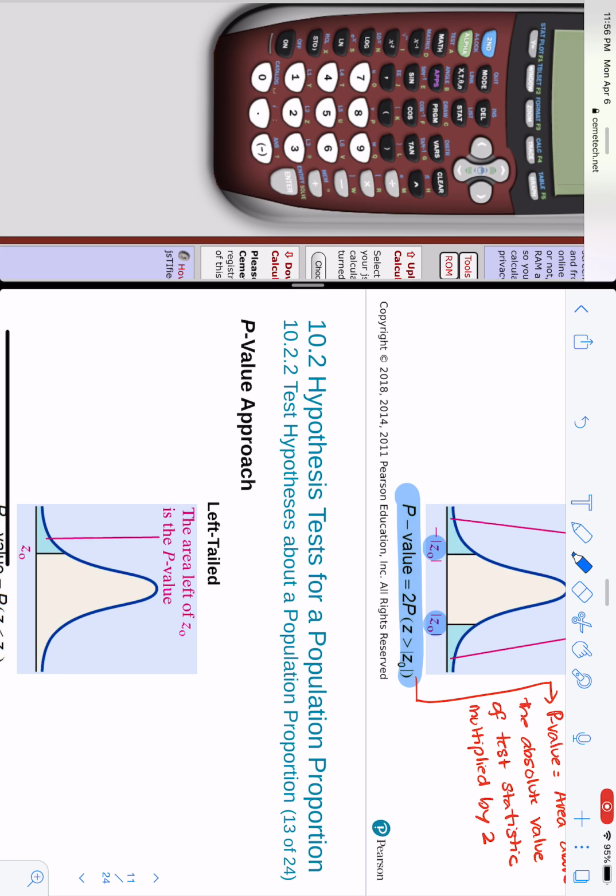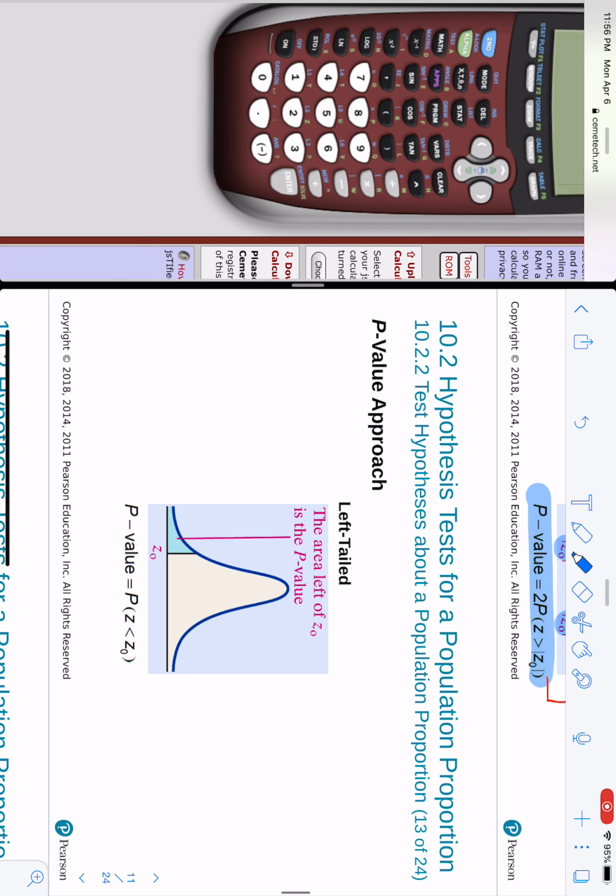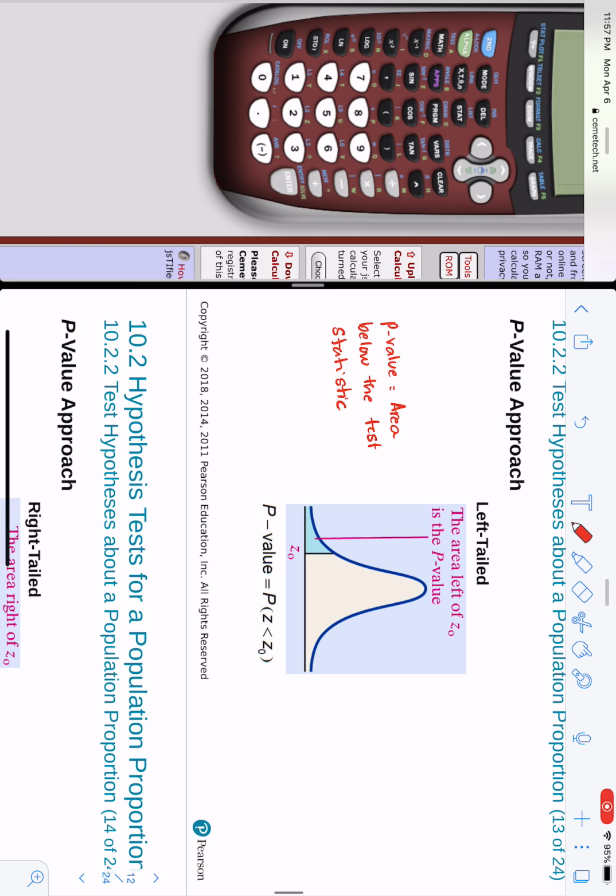It's coming ahead. So for a left-tailed test, the p-value is simply the area below the test statistic, or to the left of the test statistic.